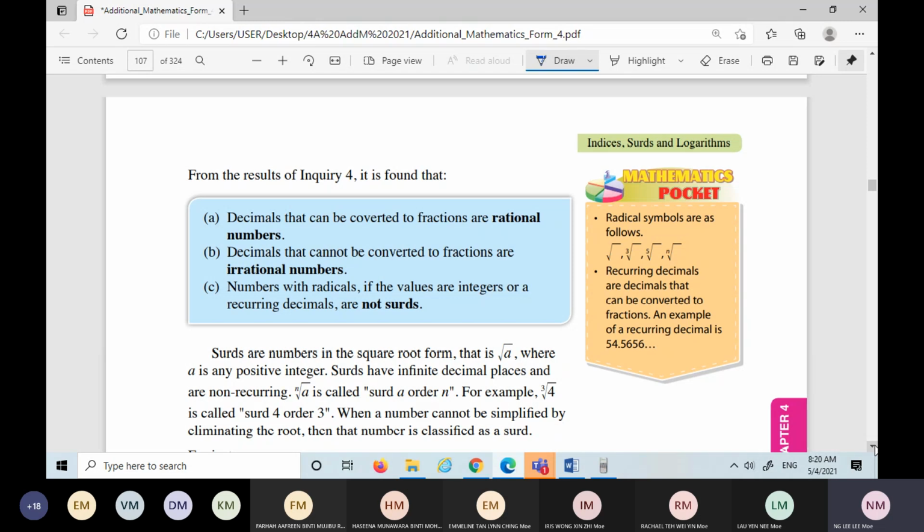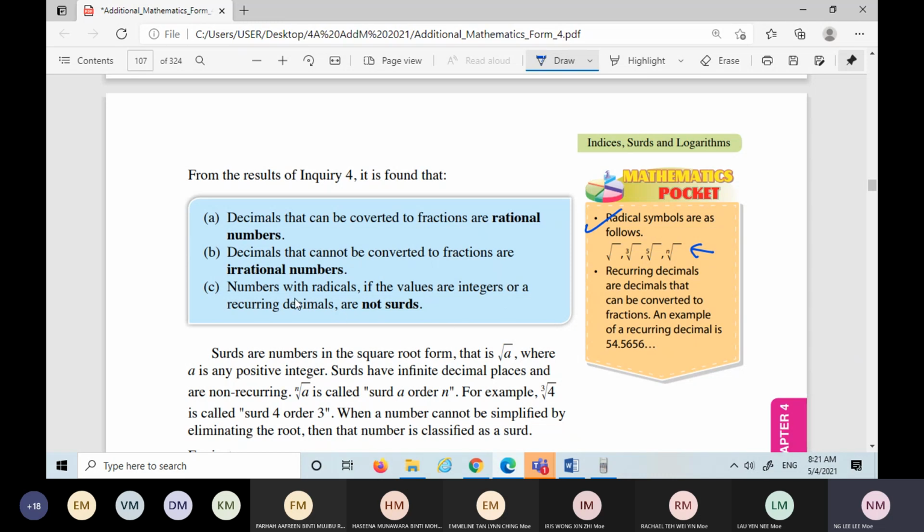Okay, then numbers with a radical. What's the meaning of radical? This is radical. If you want this one, you can copy. This one we call radical. If the value is an integer or a recurring decimal, it is not a surd.